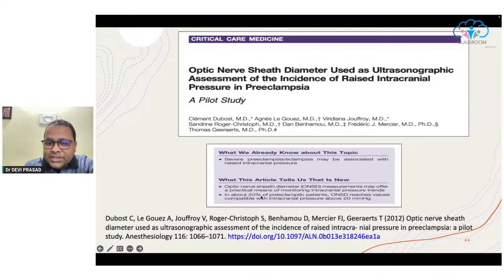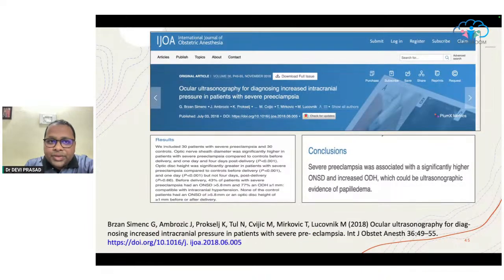And in about 20% of preeclamptic patients, ONSD reaches values compatible with an intracranial pressure above 20 millimeters of mercury. And this again came in the International Journal of Obstetric Anesthesia by Simek et al., in which they included 30 patients with severe preeclampsia and 30 controls, and they found that ONSD was significantly higher in patients with severe preeclampsia compared to controls before delivery and 1 day and 4 days post delivery.